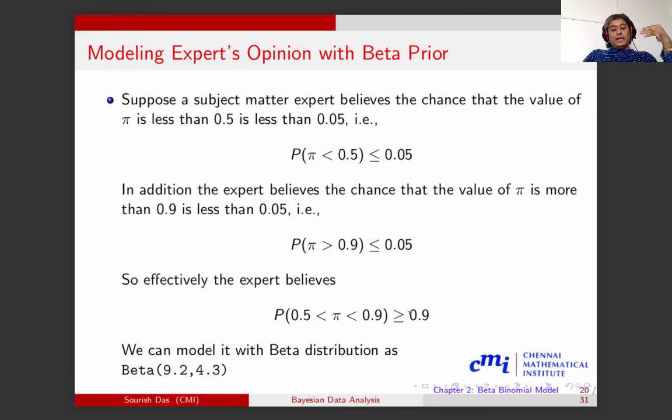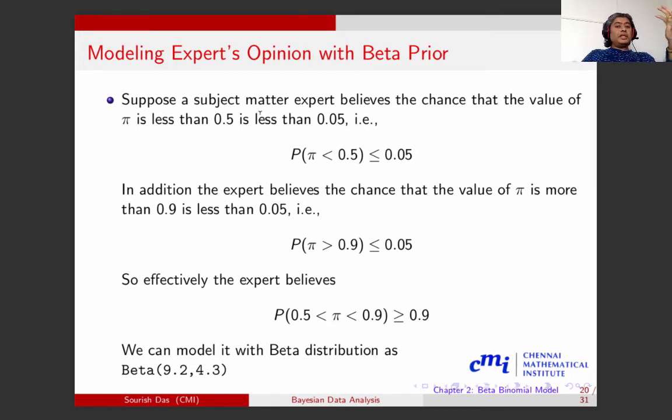Now, I used this information and figured out that there is a beta distribution, beta 9.2 comma 4.3. This beta distribution satisfies this condition with equality. So we can say this beta 9.2, 4.3 is a probability distribution which models the expert's opinion about pi.